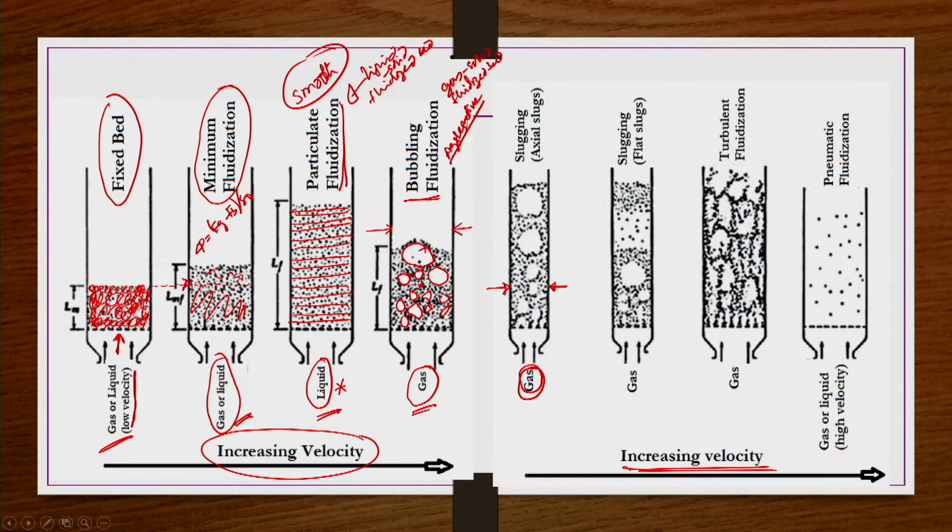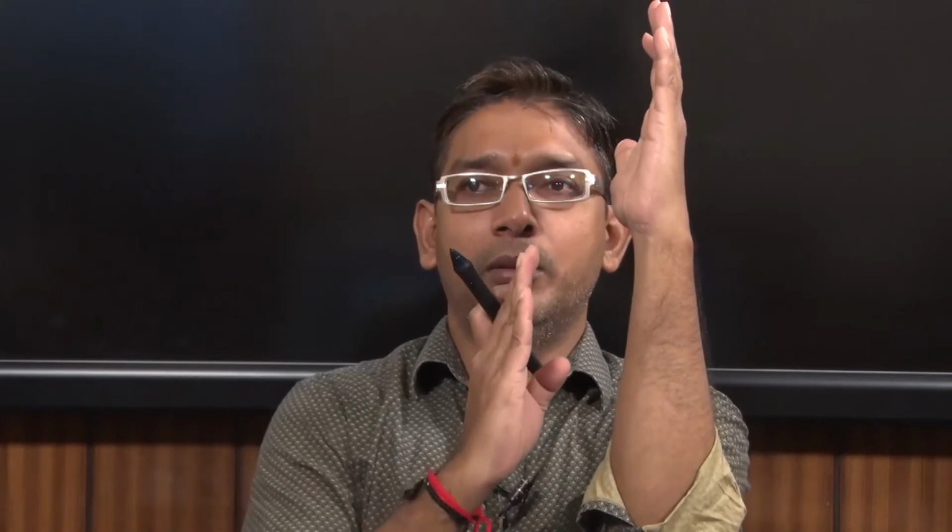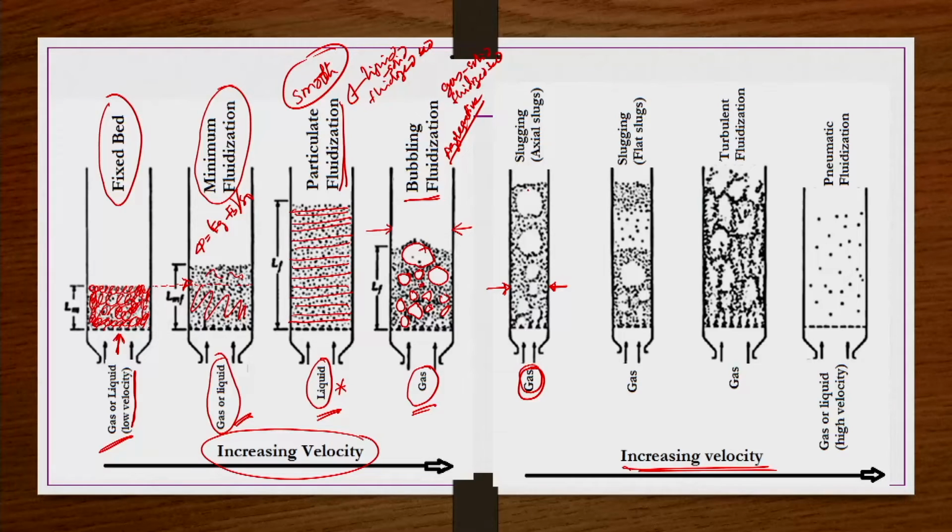If you have a narrow packed column, and the fluid passing through it is a gas, and the superficial velocity of the gas is very high, then most of the cross section of the column may be occupied by slugs. Initially bubbles are formed.